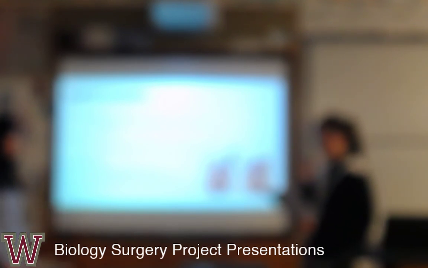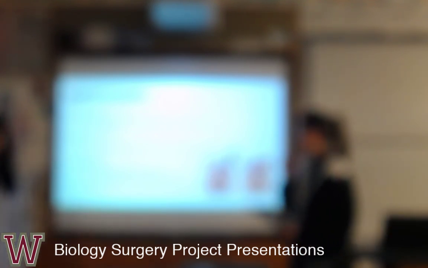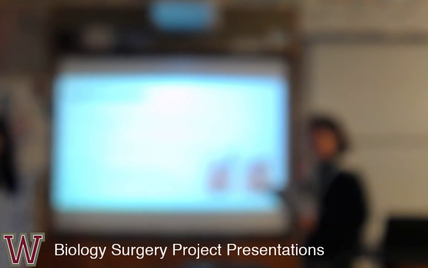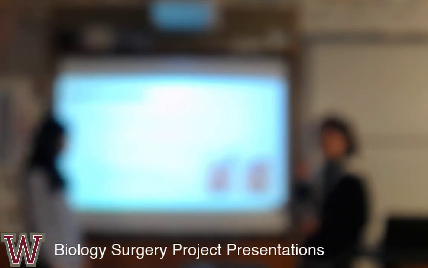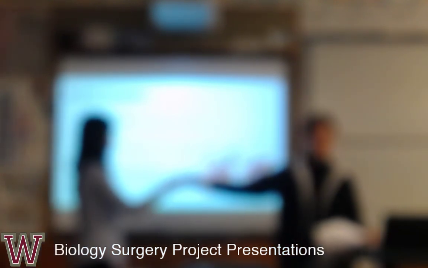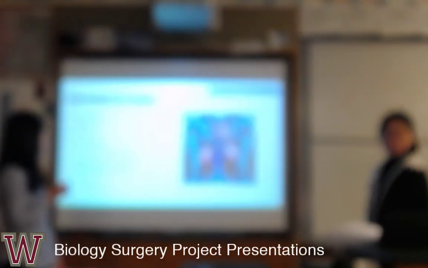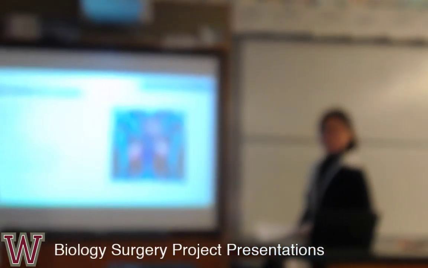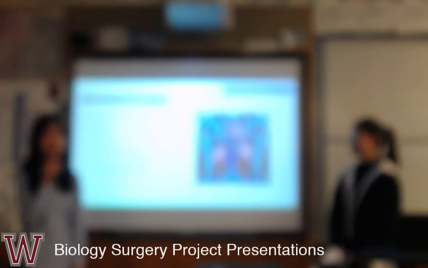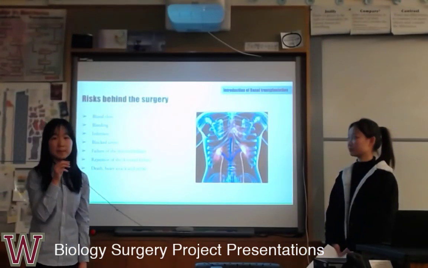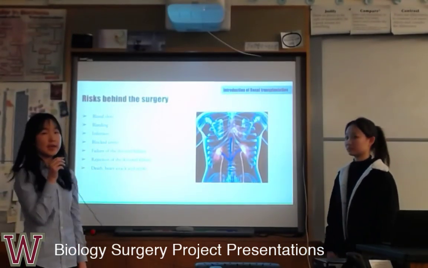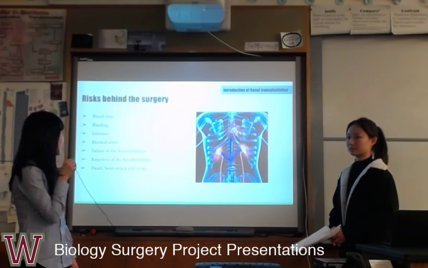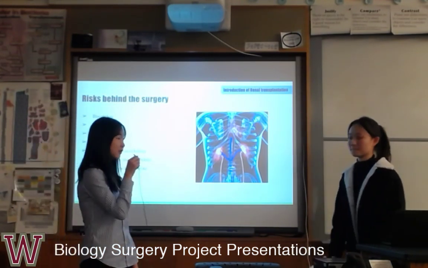And from 1988 to 2000, a numerous number of kidney transplantation surgeries were performed, including 30% of the kidney transplants. About the risks behind the surgery, the risks include blood clots, bleeding, infection, and blockage of the ureter, and so on.